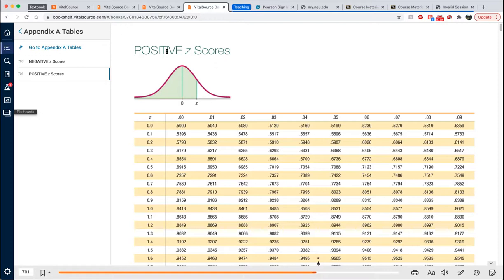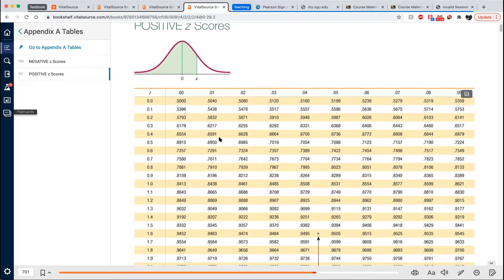Half of the area of the graph is 0.5, because the graph is symmetric. So if we want the area from negative infinity to 1.23, we find 1.2 right there, and then 0.03 here. So 1.23 gives 0.8907. Okay, this is how to read the table.